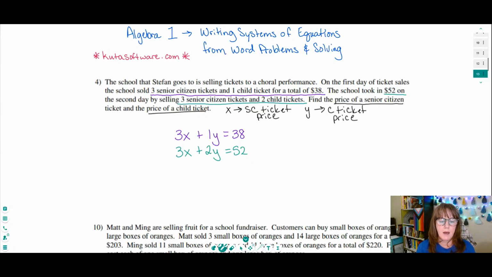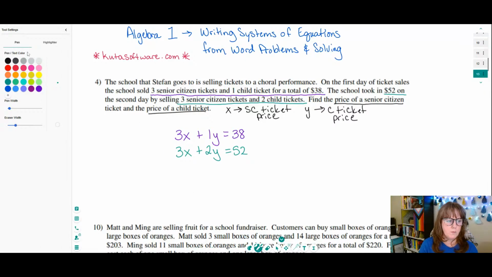I could either multiply one of these by -1, so that my 3 x's will cancel out with each other, one negative, one positive. Or I could solve this first equation for y since I have just one y here and then substitute in. I think maybe that's what I'll do, especially since we didn't do substitution in those other 2 problems.